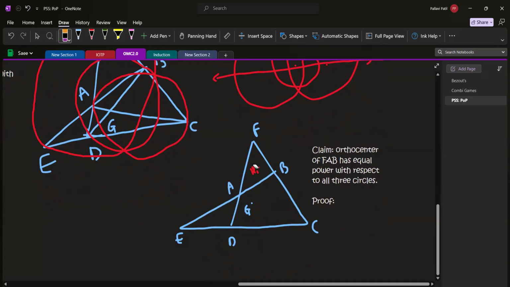This is fairly unintuitive. Let's look at the orthocenter of FDC instead. That might be easier to spot. Let's say that is somewhere over here. Call it H1.